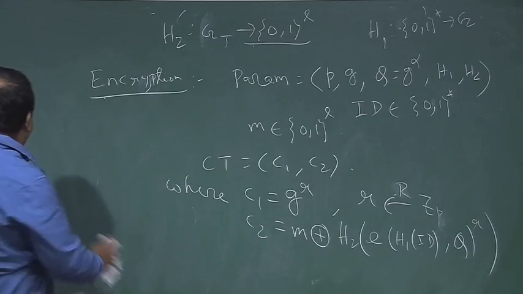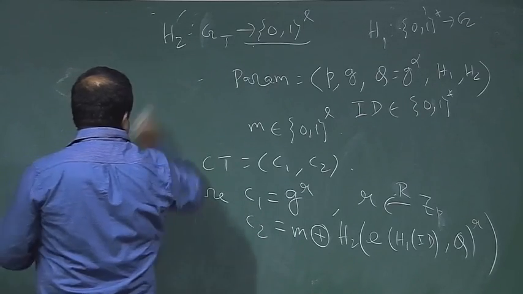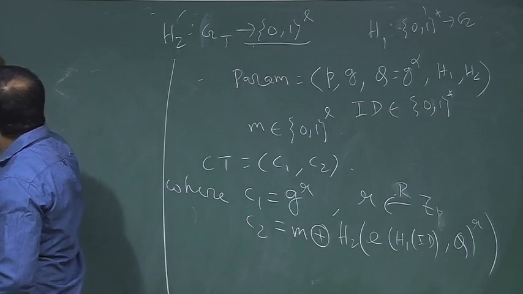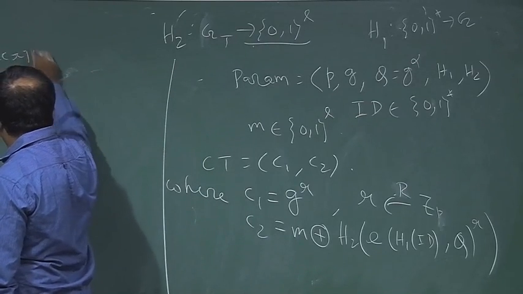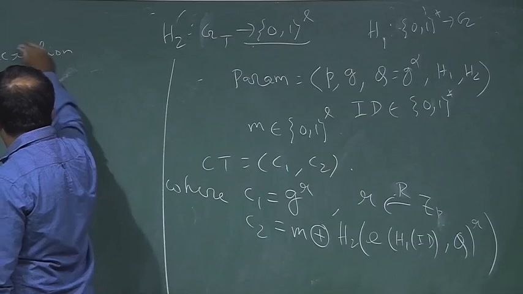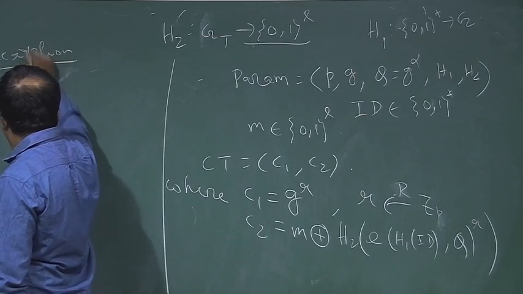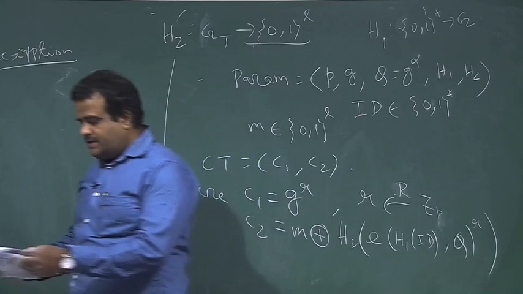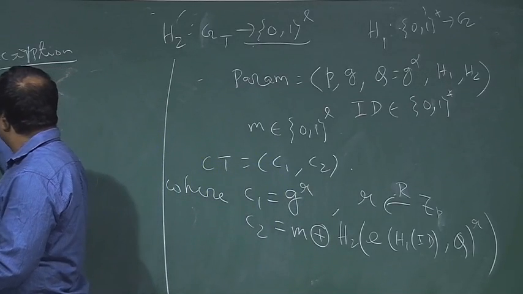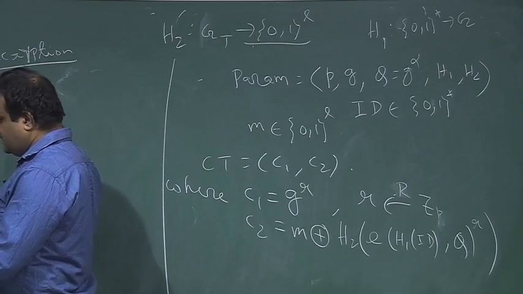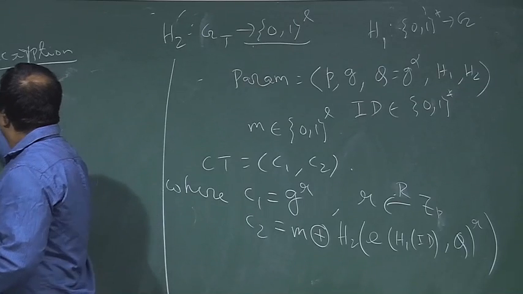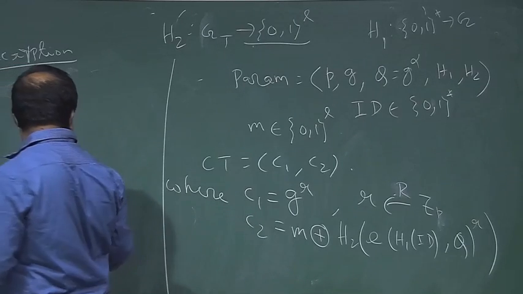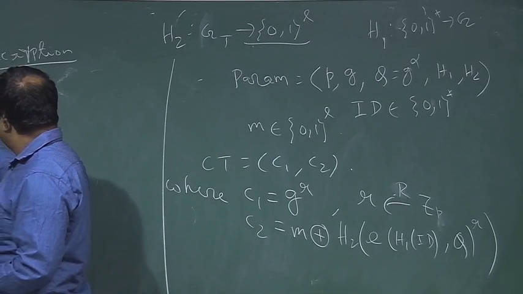Now, how will Bob decrypt it? So, Bob is receiving C1 and C2.